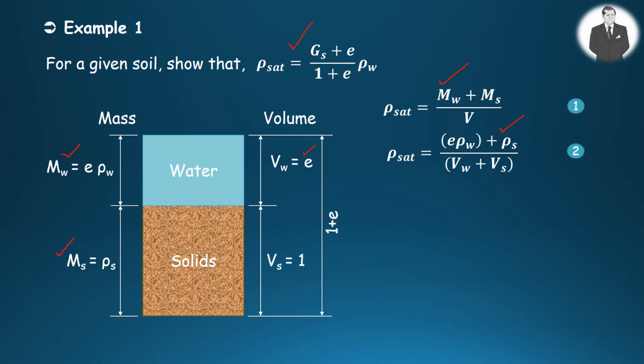But in the equation required, there is the Gs parameter. For this, we need to remember the definition for Gs, which is the specific gravity. Now, the specific gravity can be expressed in terms of density of soil solids and density of water.